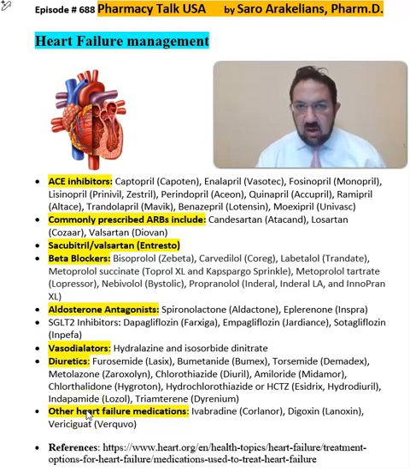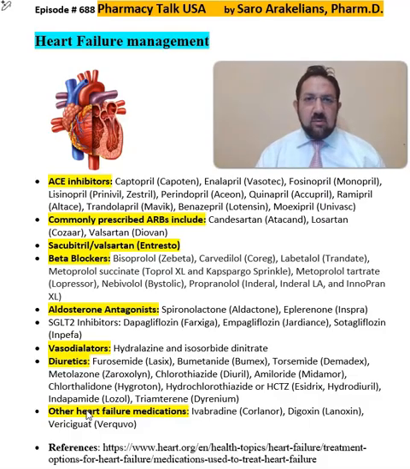There are different types of diuretics, but in general, diuretics are used for heart failure patients to get rid of excess fluids, and other heart failure medications. I have another video that goes over how these medications work specifically, but in this video, I just want to list the main medications in each category for heart failure.